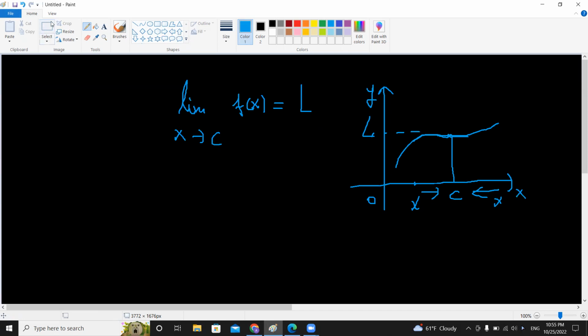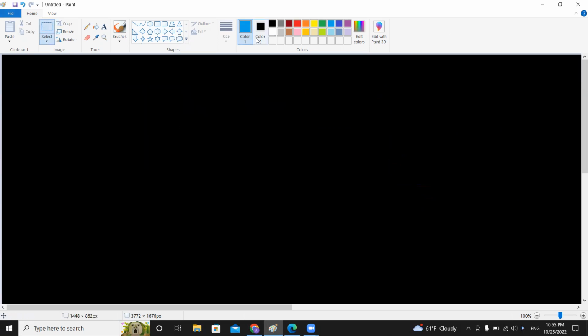Today we are going to talk mainly about continuous functions, which cases give us continuity, and which cases do not, which we call discontinuity.